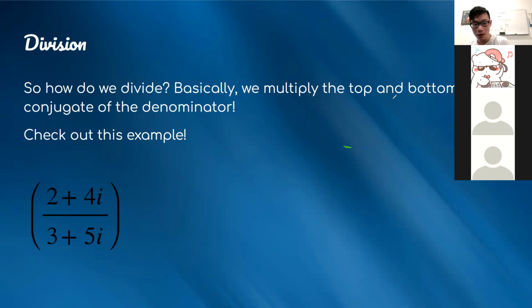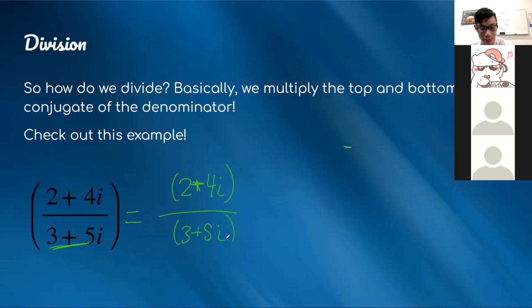So all we have to do is multiply the top and bottom by the conjugate of the denominator. And the denominator is just this bottom part, right? In order to do this, whenever we have a fraction, as long as we multiply top and bottom by the same thing, the fraction stays the same, right? So here, if I want to get rid of this i, remember what we do?